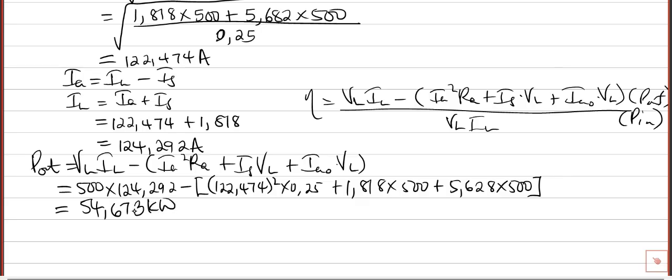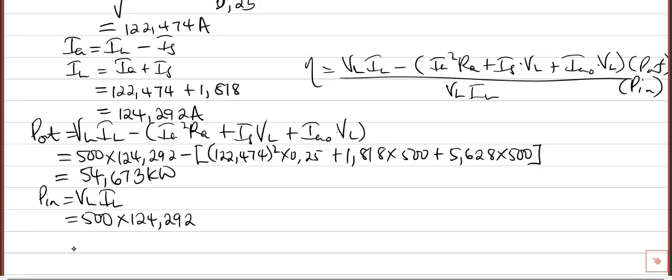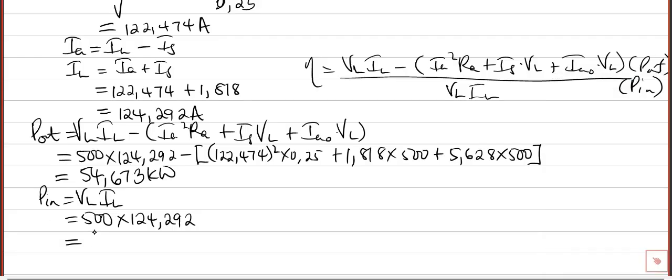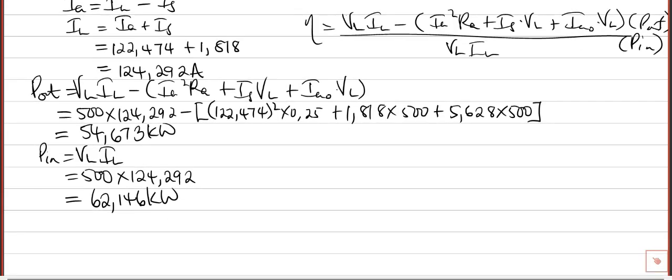673 kilowatts. Our input power, we are saying VL IL, we're saying 500 times 124,292 divided by 1000. We have 62,146 kilowatts.